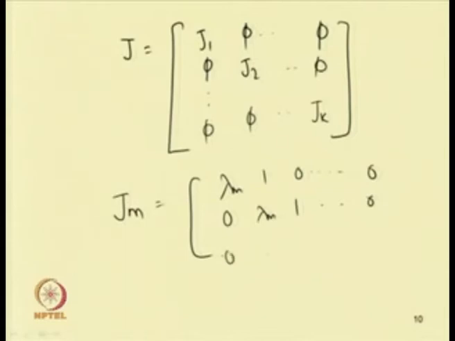Here this J m can be written as lambda m, 1, 0, 0; 0, lambda m, 1, 0; and so on, all other entries are 0, and on the diagonal we have lambda m. So, one can find that this J m will contain 1 above the diagonal terms.